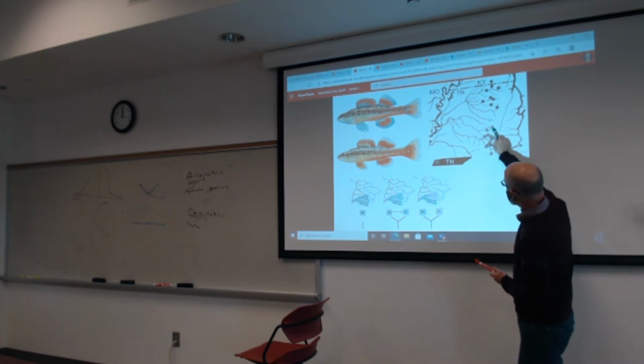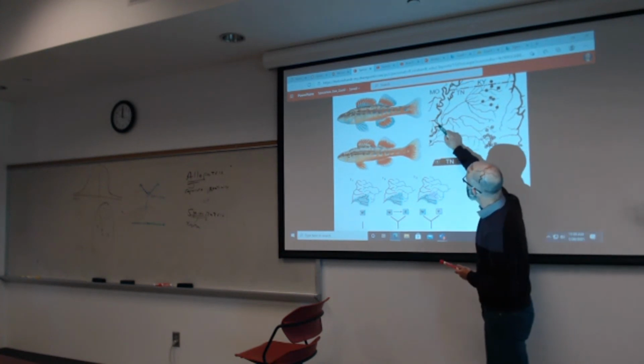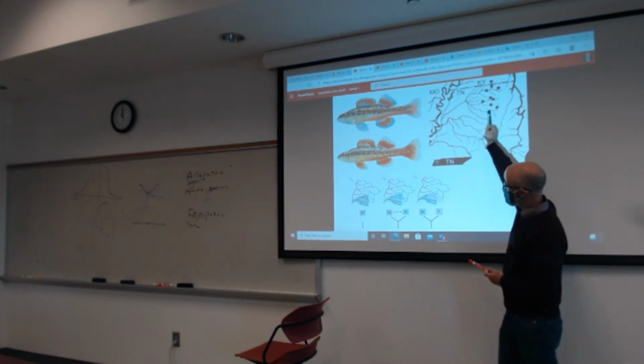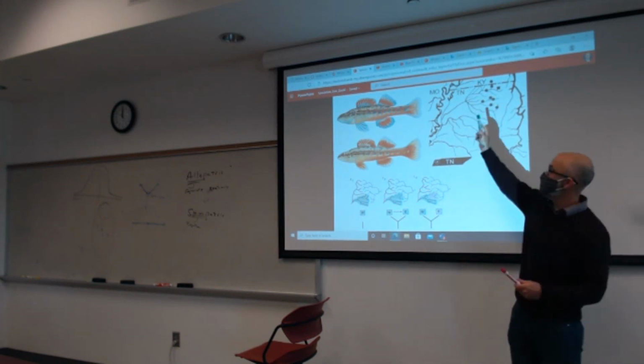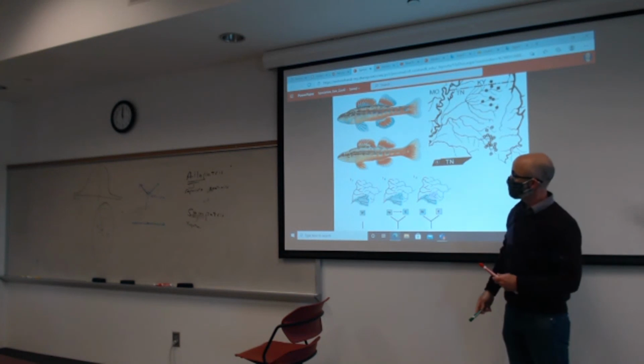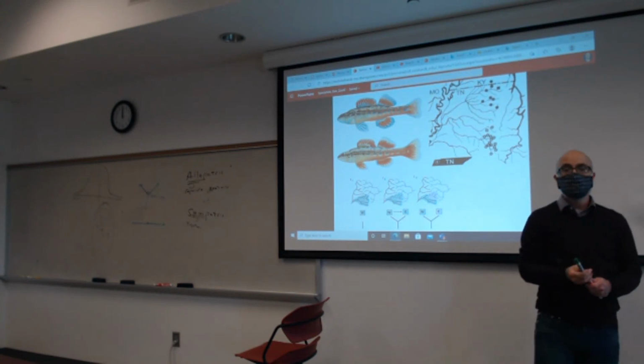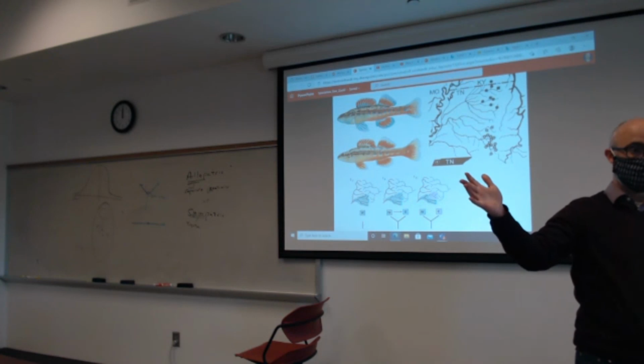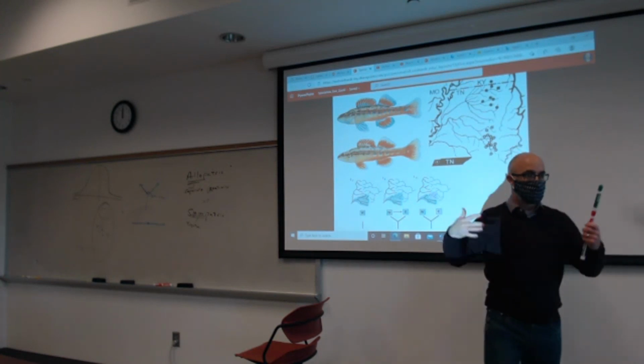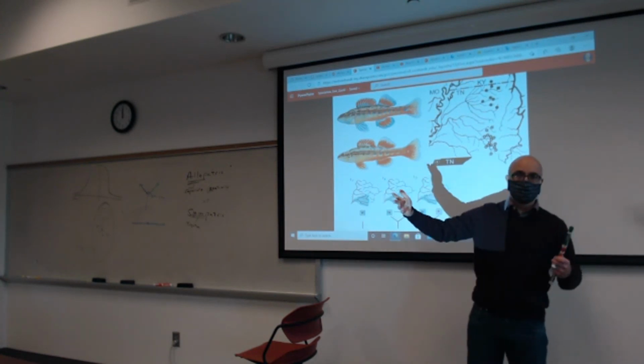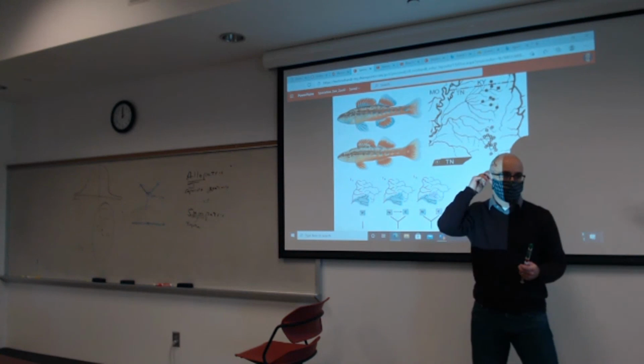So think about an individual from here. It would have to swim all the way down into the Mississippi River and then up over here to have the opportunity to breed with another individual here, right? So they became geographically, allopatrically isolated and then evolved through natural selection and then became different species, okay?